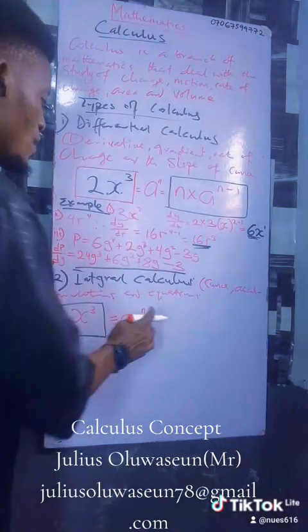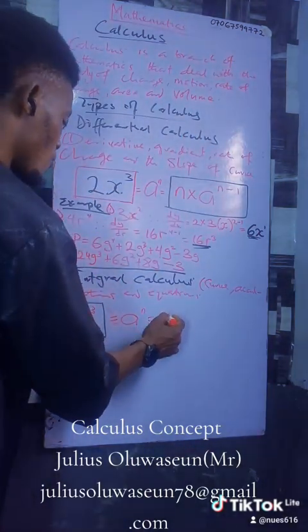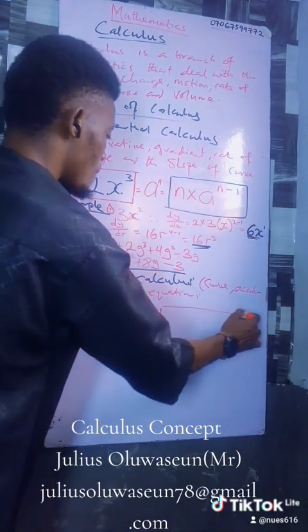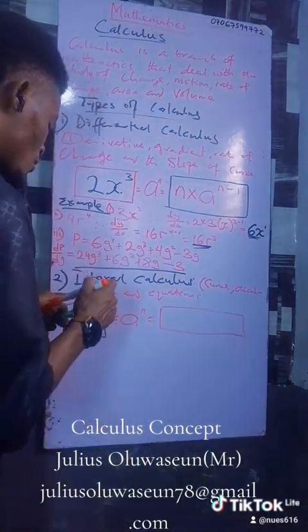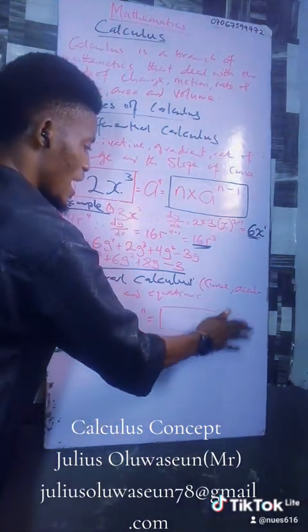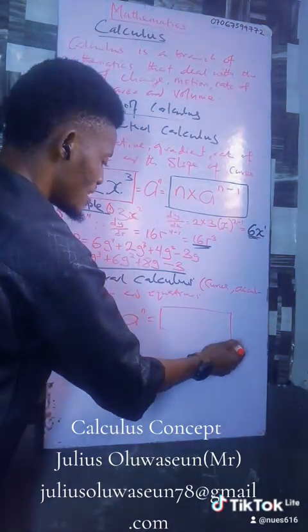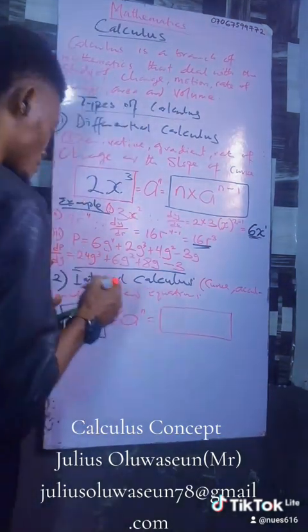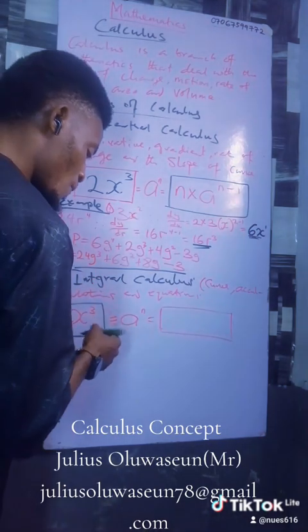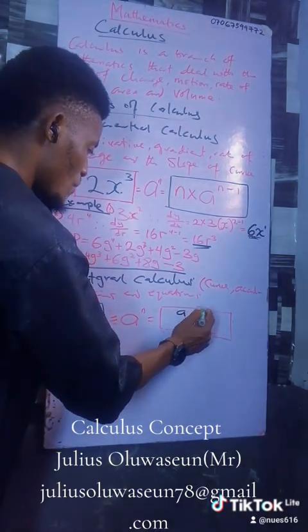So we can have our model. We are going to write our model this way. This is the template that we are to follow when addressing integral calculus. So therefore we have our a.